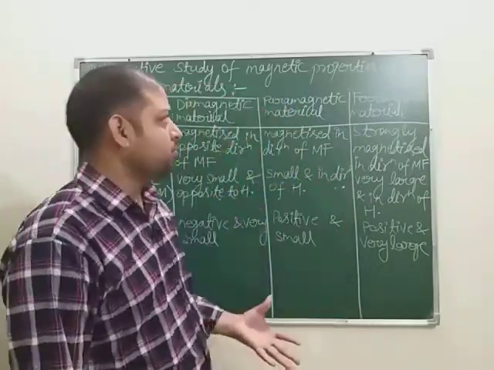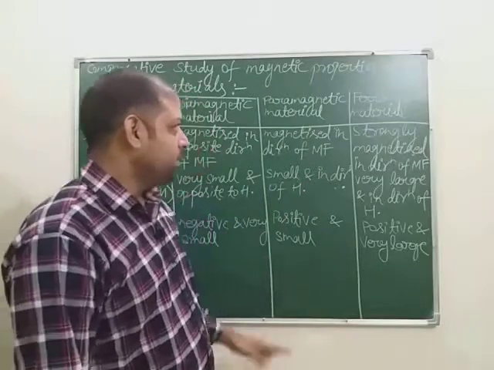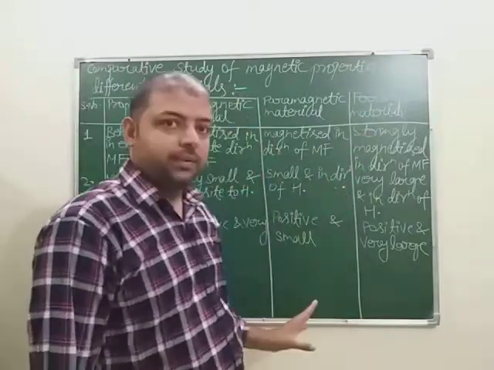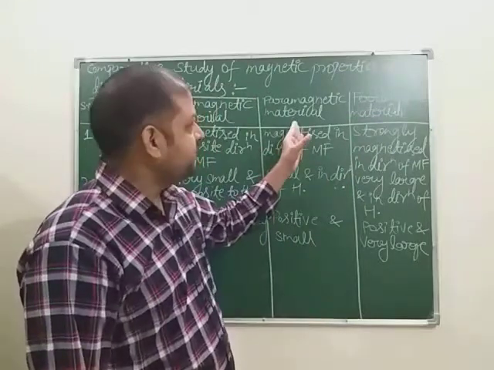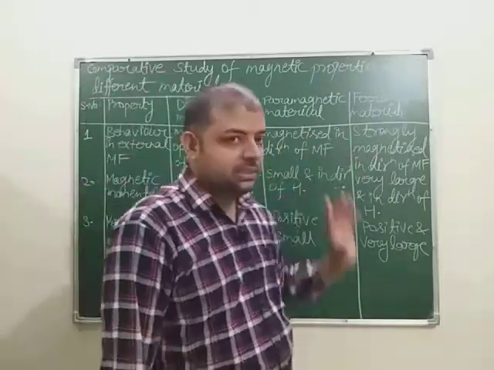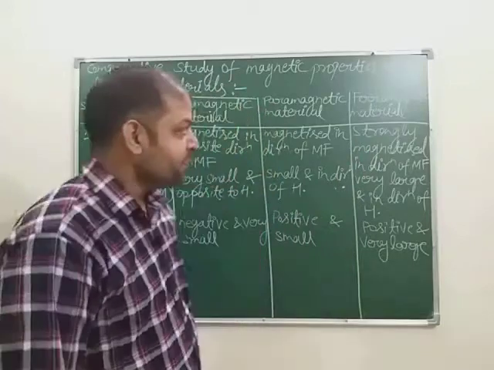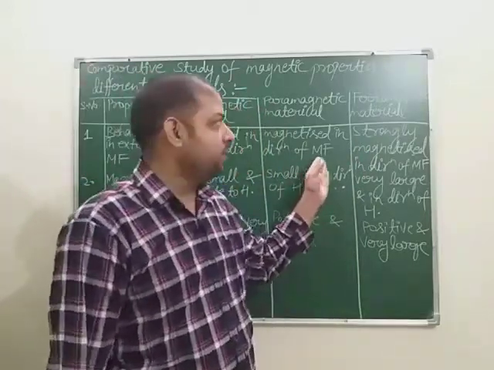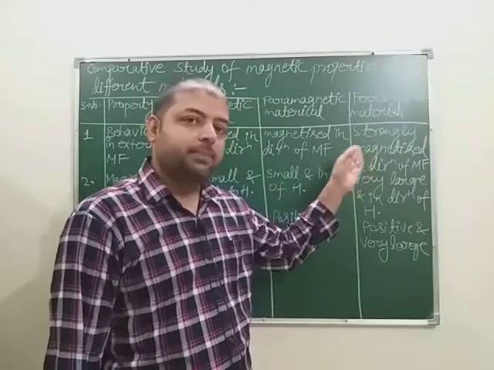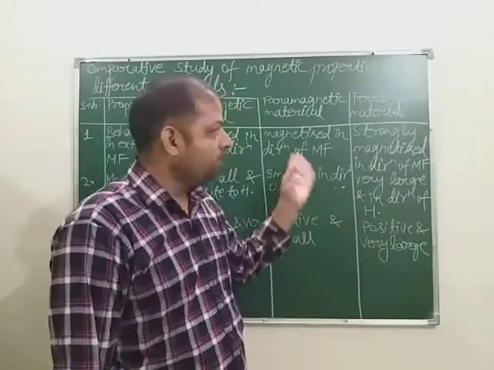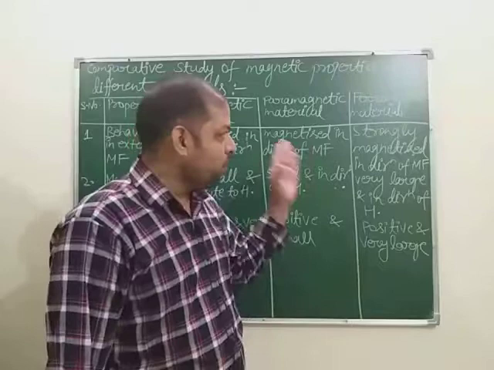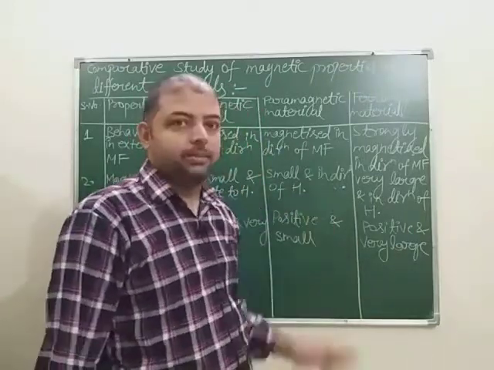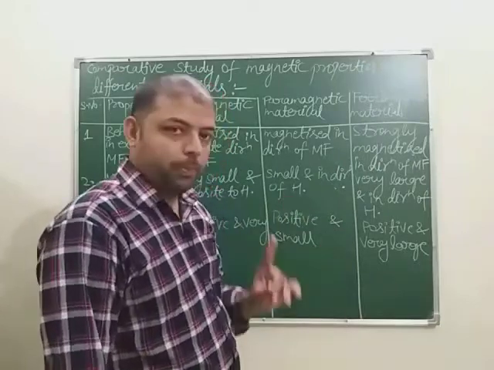Ferromagnetic material is stronger than paramagnetic material, but in most cases the properties of both are the same; the only difference is that one is weak and one is strong. If a ferromagnetic material is placed in a non-uniform magnetic field, it always goes from weaker to stronger magnetic field. So these are attracted by the magnetic field. Okay, first property is clear.